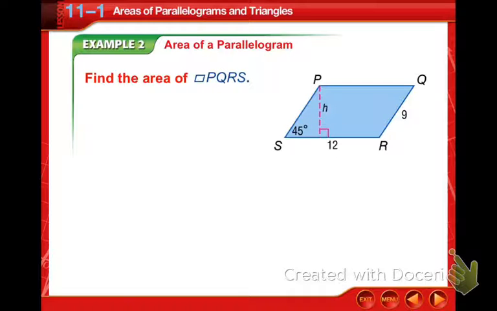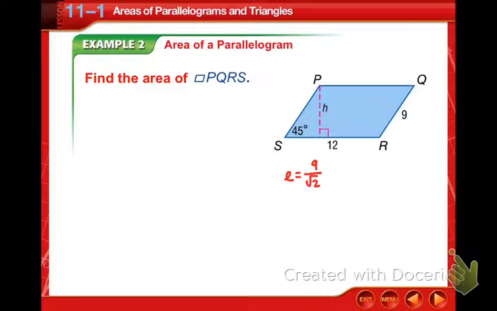Another parallelogram. We don't know the height again here. We do know the angle there, S, is 45 though. We know our diagonal is 9. So we have a 45, 45, 90 triangle. We can use that. And we know that when we have the hypotenuse, so our hypotenuse is 9, that means we divide our hypotenuse by square root 2 to get our leg.